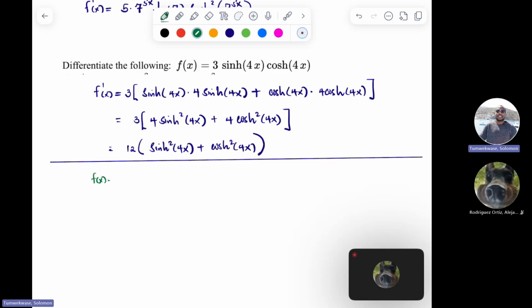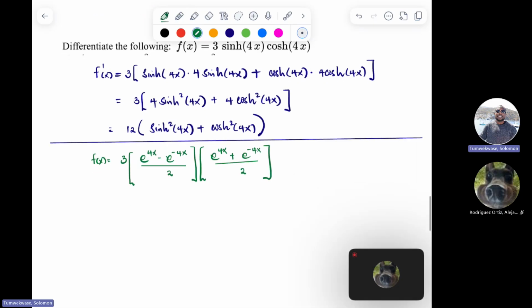So f of x is 3 sine hyperbolic, which is the same as e to the 4x minus e to the negative 4x, then over 2. Then times e to the 4x plus e to the negative 4x, then over 2.